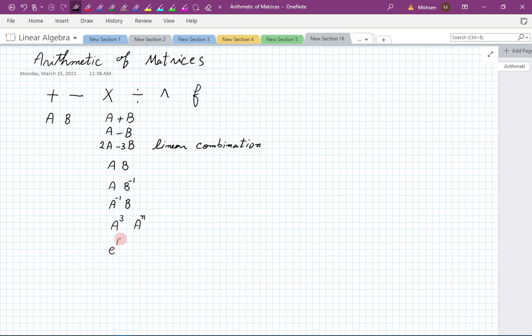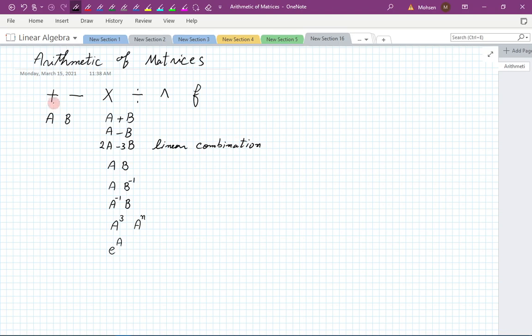How do we make sense of the exponential of a matrix? So that is the project for us for quite a while. Essentially, toward the end of the semester, we want to make sense of this one, and hopefully we can deliver on our promise of explaining how vibrations are going to be understood by linear algebra, and that's going to require this exponential. Okay, let's go do the easy ones first today.